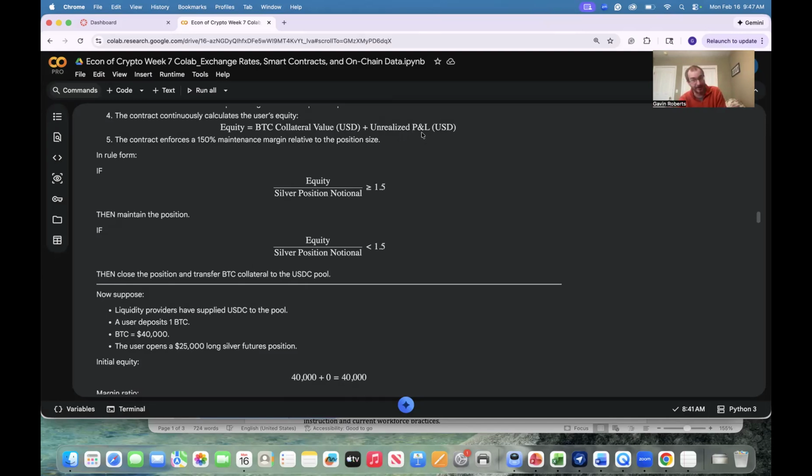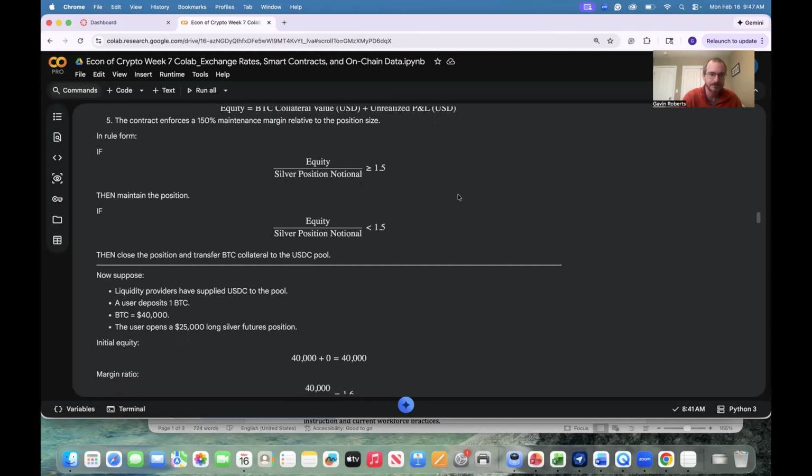But then, of course, there's the other case where the silver futures decrease. Then I have unrealized losses. Now Gavin's not happy because he's losing money, and the creditors should be worried because maybe I can't pay them back if my loss gets big enough, if it starts to eat into my collateral value.